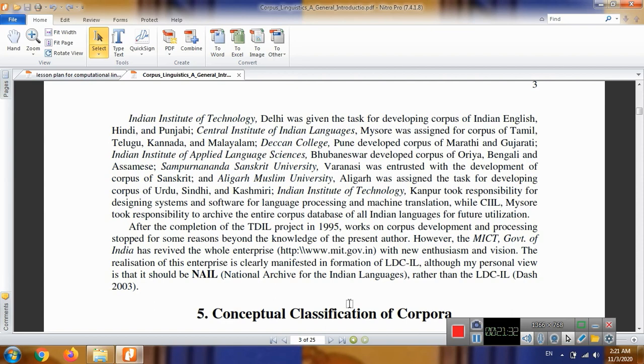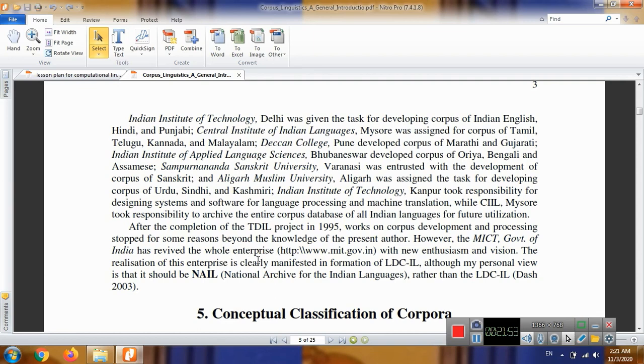The college in Pune developed corpus of Marathi and Gujarati. Indian Institute of Applied Language Science, Bhubaneswar developed corpus of Oriya.